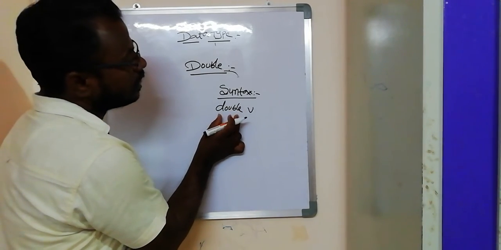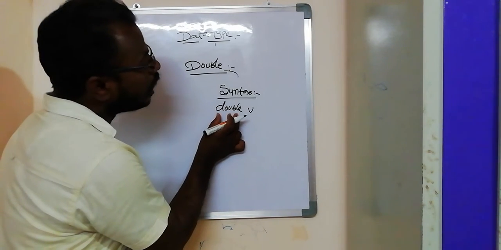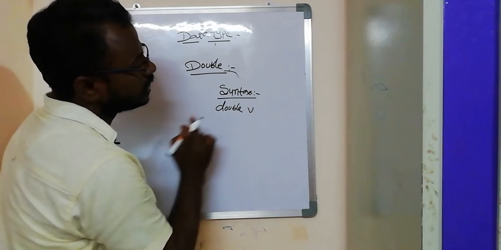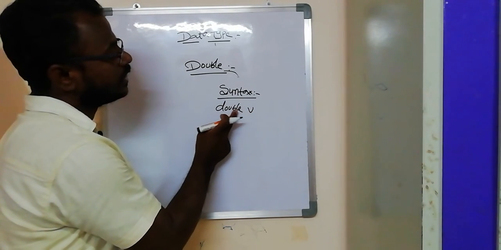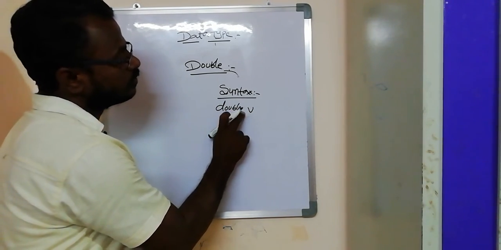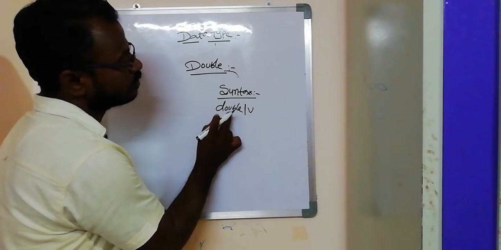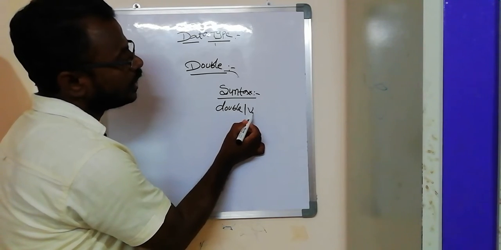After the keyword declaration, we maintain some space and then write the variable. We cannot write the variable directly after the keyword; there must be some space between keyword and variable.